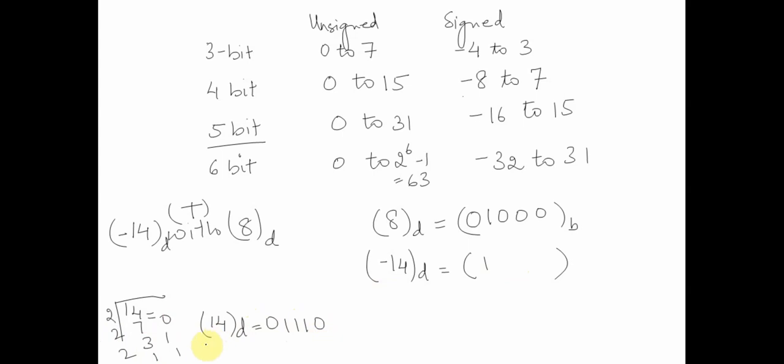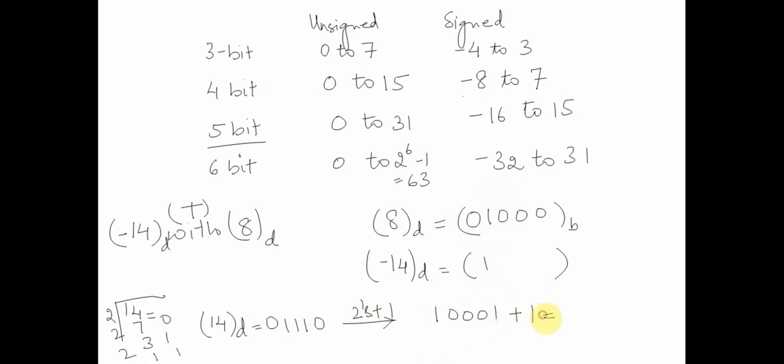And if we have to convert 14 into -14, we already spoke about complements, radix complement and diminished radix complement. So converting 14 to -14, we take the 2's complement and add 1. The 1's complement is all digits reversed, 10001, plus 1.